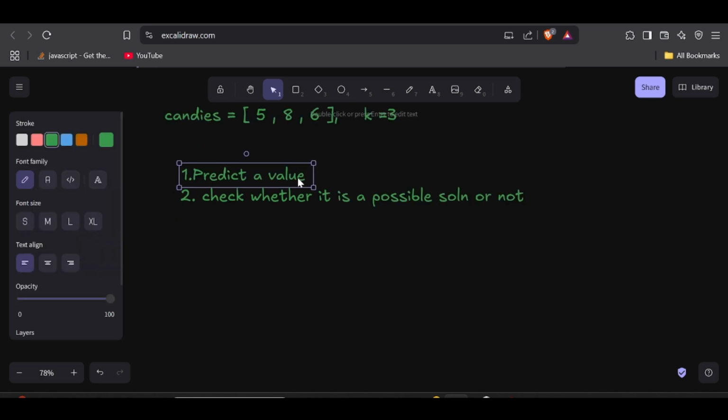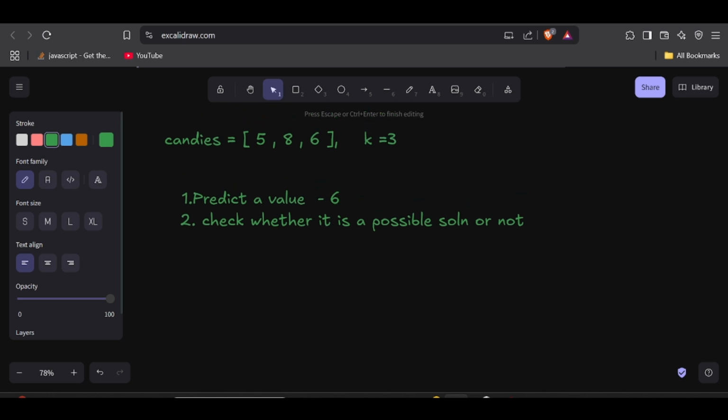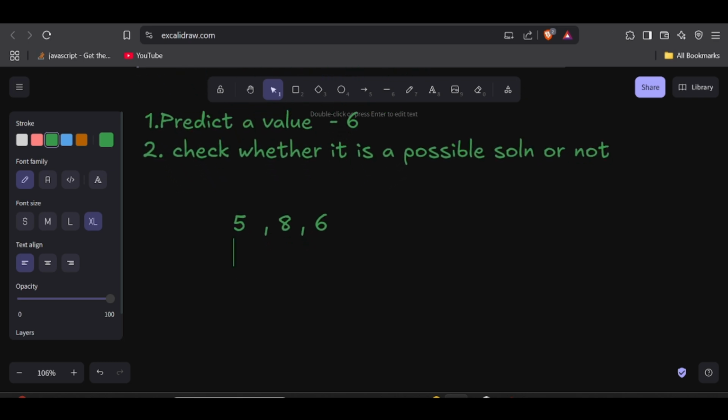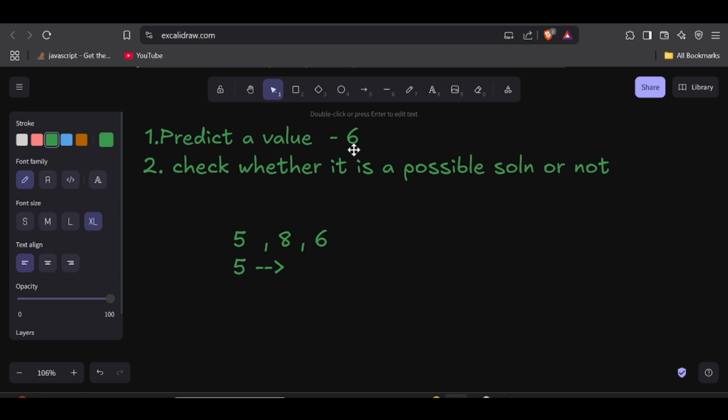Let's do one thing. First of all, let's take the value to be 6 and see whether it can be a possible solution for us or not. So what is my array? My array is 5, 8 and 6. First of all, I will be checking the zeroth index, that is 5, and the predicted value is 6.